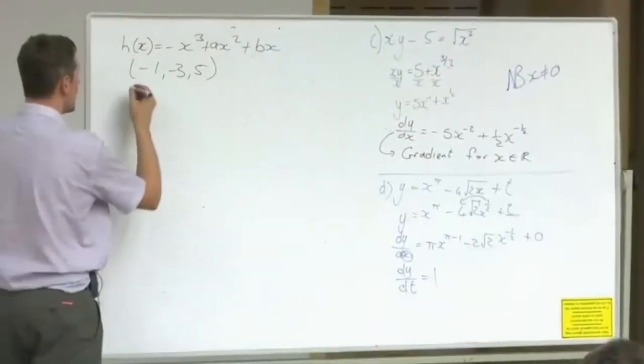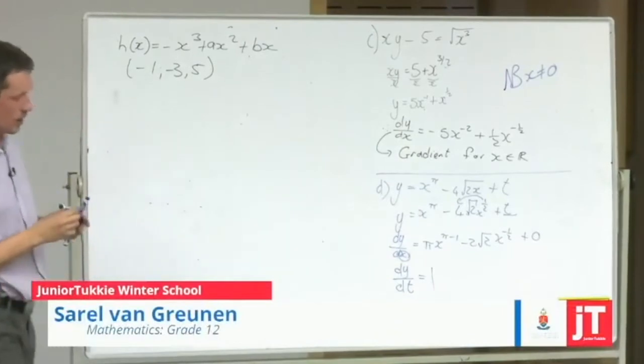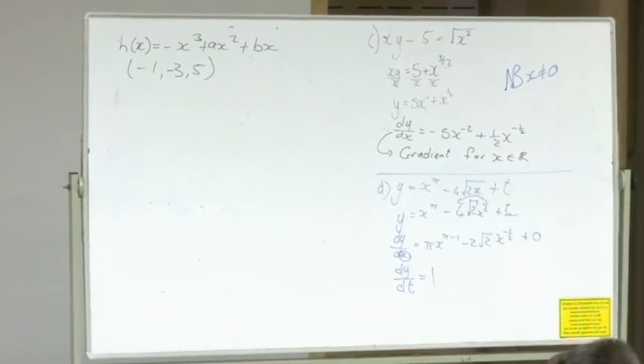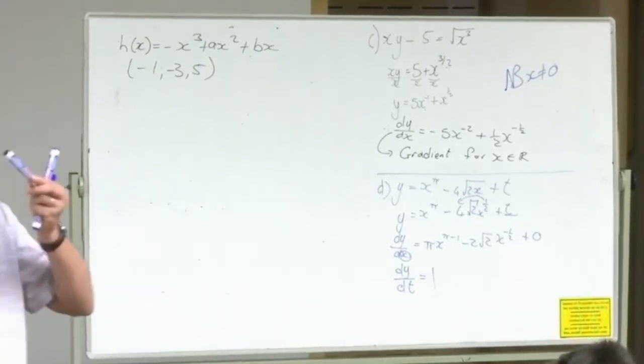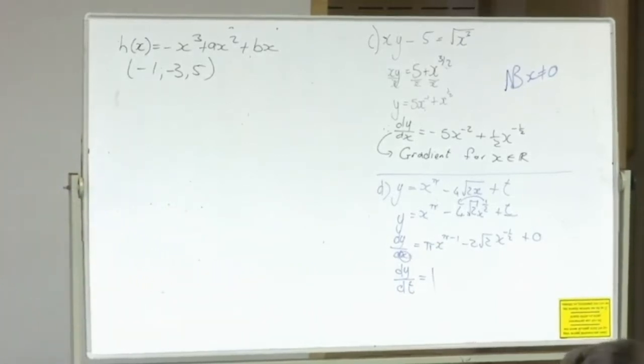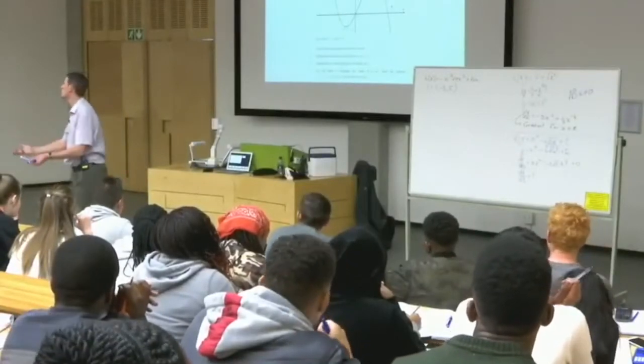First of all, I'm thinking, I need a and b. So my first train of thought is to go towards x-intercepts. But I don't have x-intercepts. So my second train of thought is to go to derivatives.